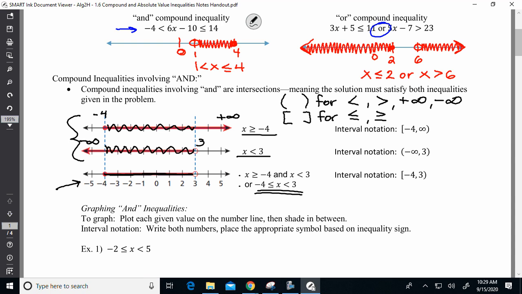So when you write it in its combined format, you don't have to worry about the parts in between. So -4 to 3, you use the numbers, and you use the signs attached to those numbers to determine the parentheses or the bracket.